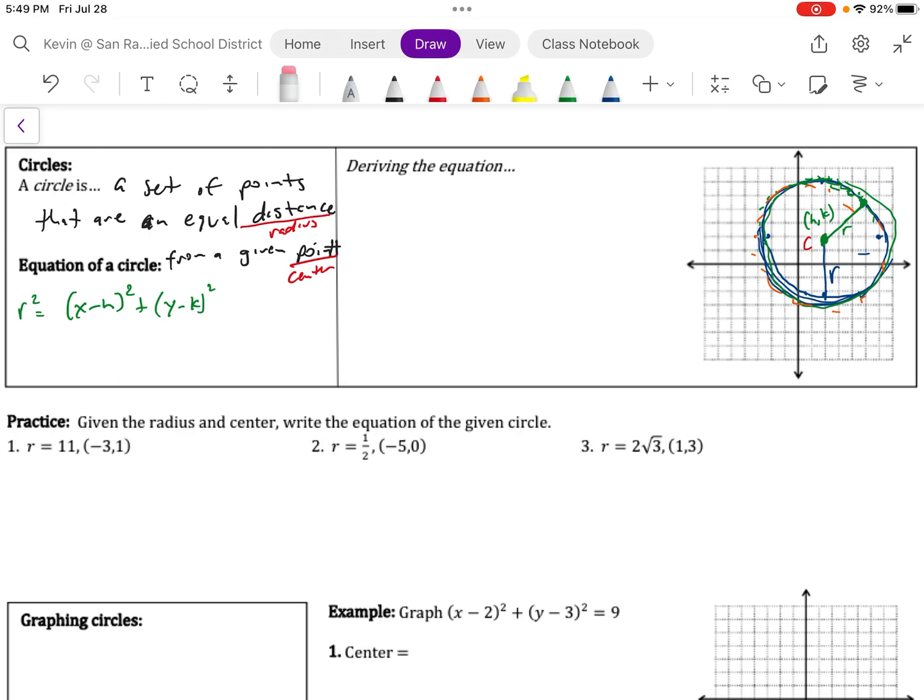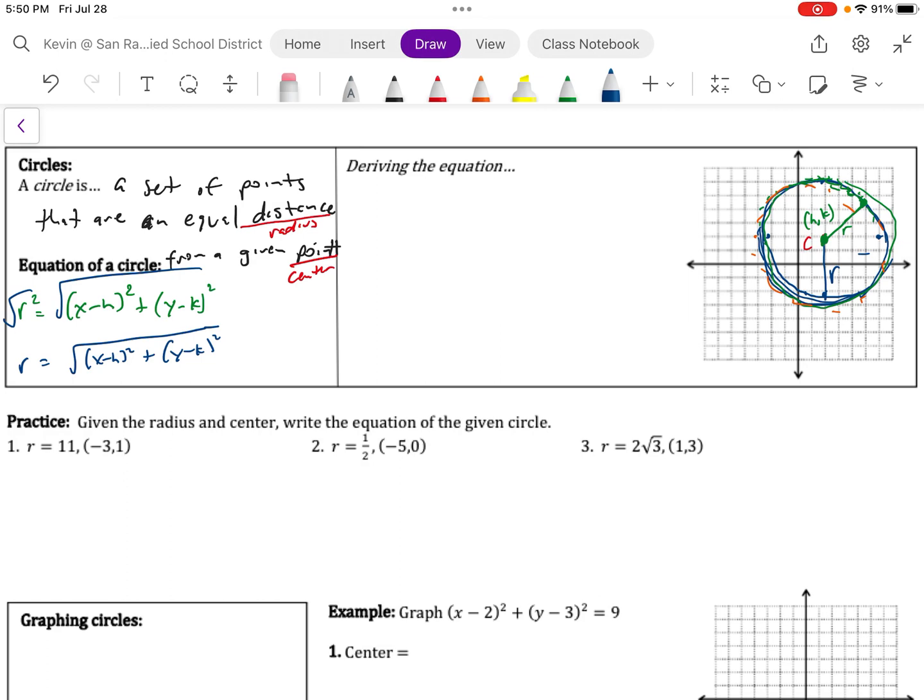Okay, so that is, in essence, the equation, although we usually write it with just r, the radius. So we take the square root of both sides. That gives us r equals the square root of x minus h squared plus y minus k squared. It really isn't any different than finding the distance between 2 points.